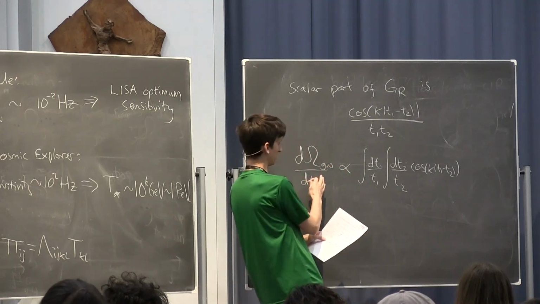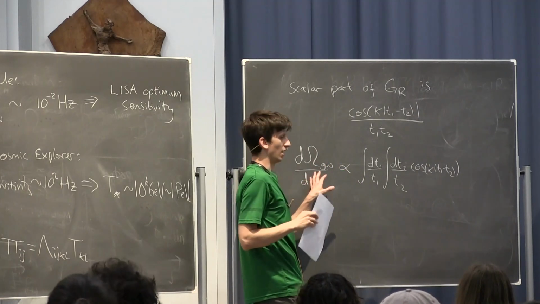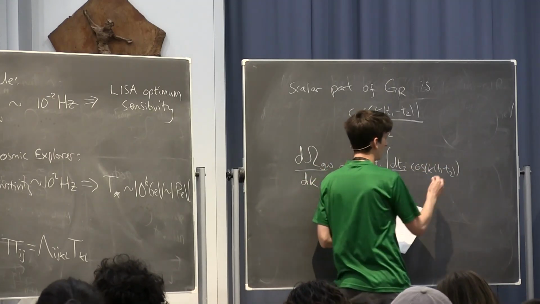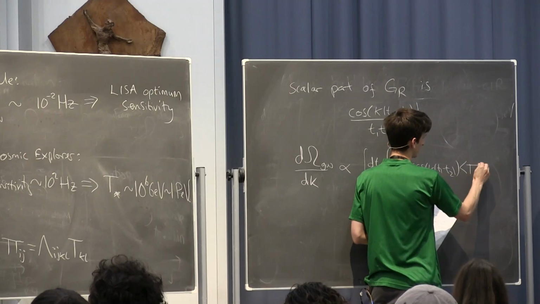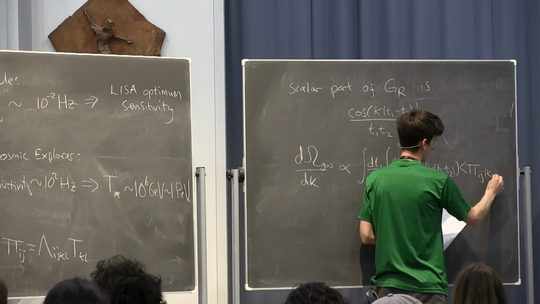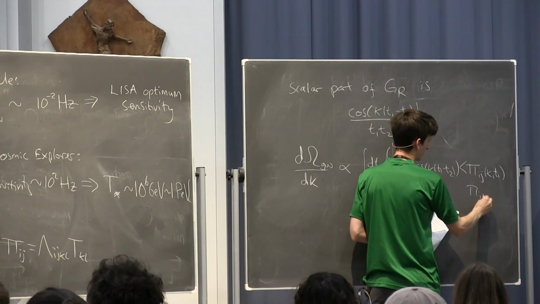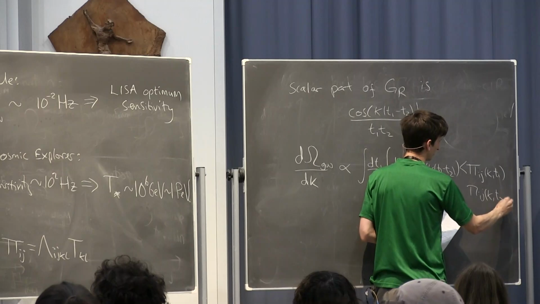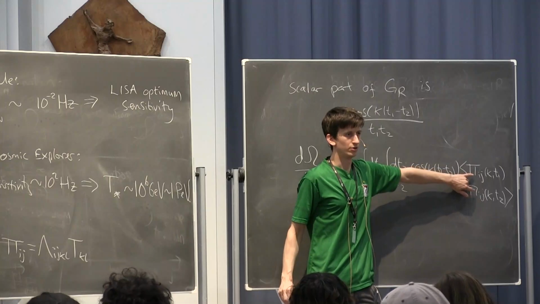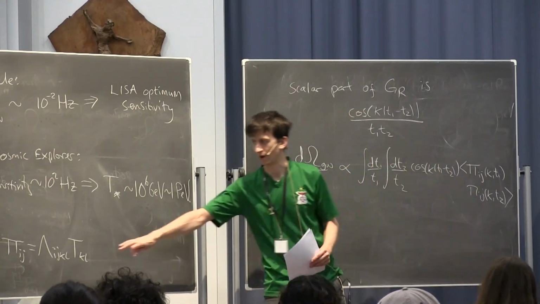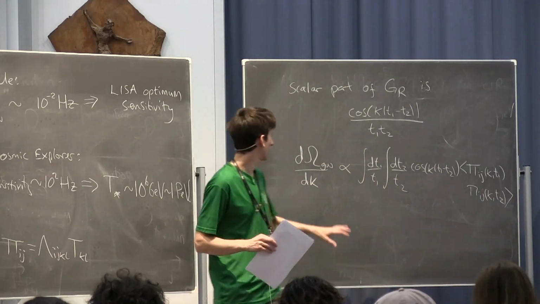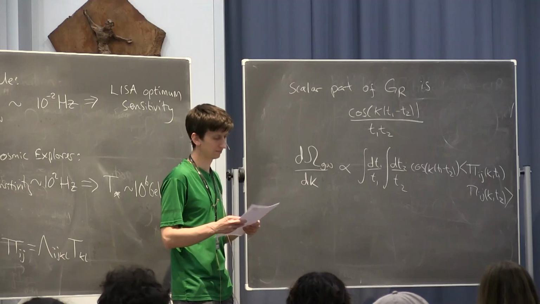And because we're interested in the gravitational wave amplitude, which is h squared, we'll get the shear stress. So we'll get pi ij, kt1, pi ij, kt2, expectation value. So there's two t mu nus in there, or rather the shear part of them. And then there's the convolution with this Green's function, and that's what sources gravitational waves.